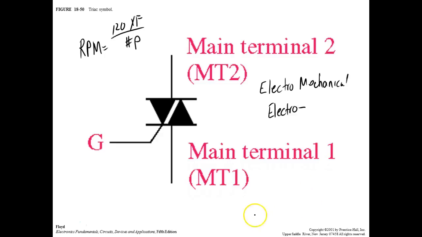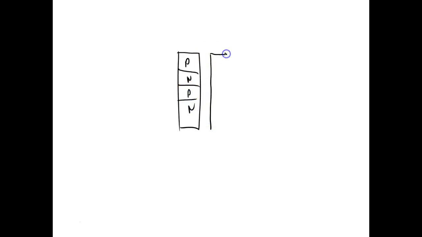Let me go back to my blank slide to show the way the triac is made. A triac uses the same feature. It has three junctions, P, N, P, N. Well, the triac has another one over here, which is really neat. Over here it goes N, P, N, P. And then this would be the gate right here.